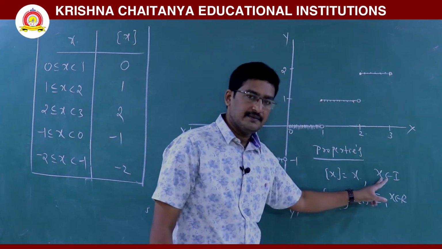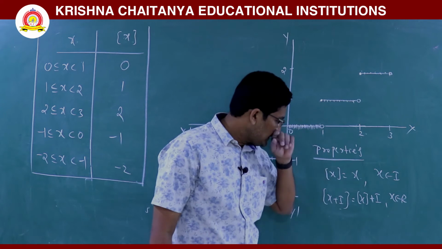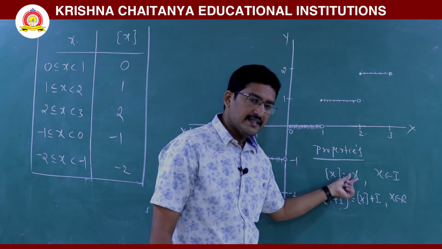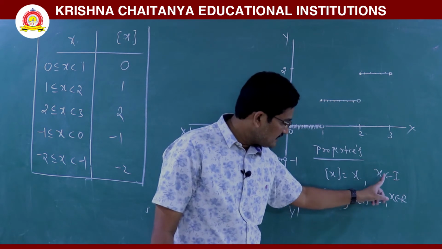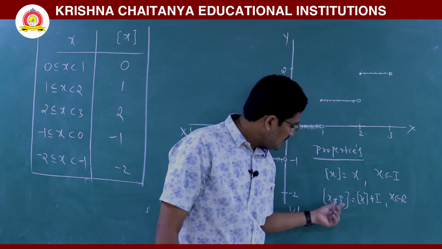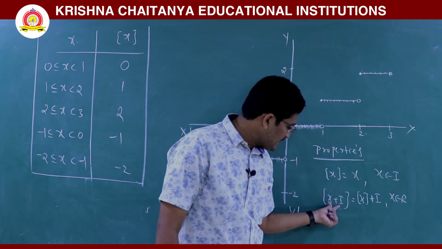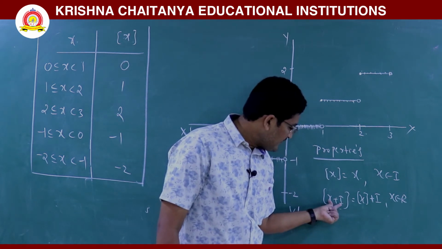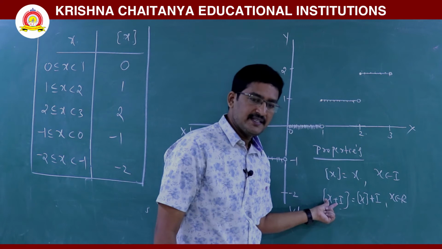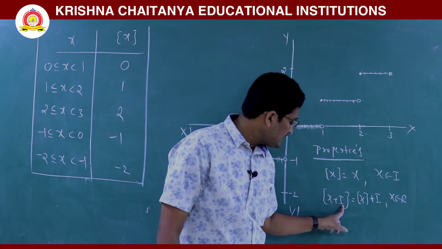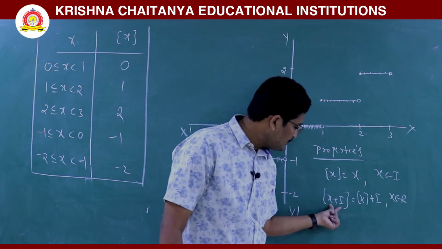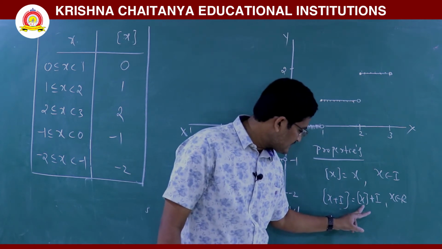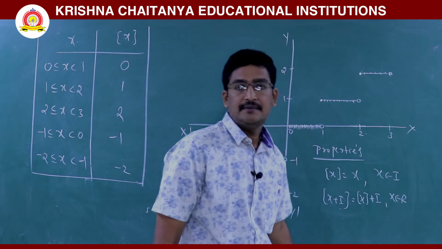In the earlier case, x is an integer, and step x equals x. If x is not an integer, that is, x is a real value, you take the expression like this: step of x plus I, where x is a real value and I is an integer. Then it is written as step of the real value plus that integer.